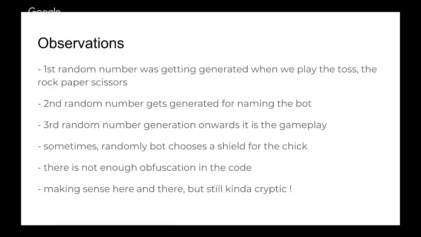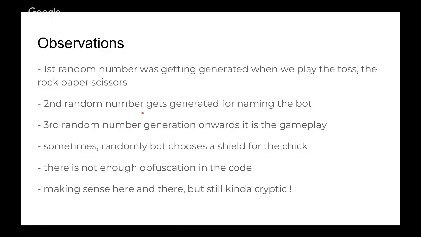What we figured out was that the first random number that gets generated was for the toss event, which is the rock, paper, scissors. A second random number got generated after that, which was being used to name the bot, right? Randomly choose something from 0 to 50 and append it with a string, and that becomes the bot name. That was something we were not really worried about because we had nothing to do with the bot name.